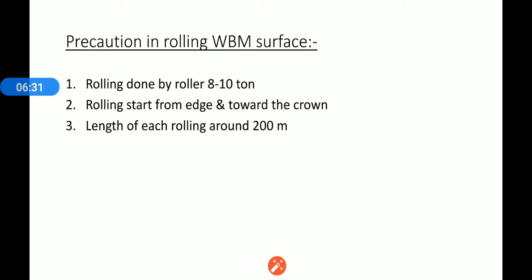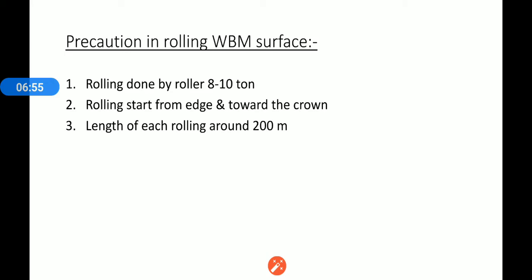Now, precautions in rolling WBM surface, which means water-bound macadam surface. The following precautions are taken while rolling a WBM surface. First, rolling of WBM surface should be done by a roller of 8 to 10 ton weight.